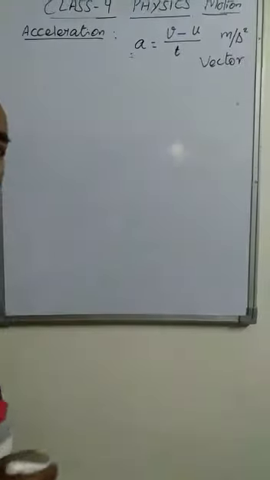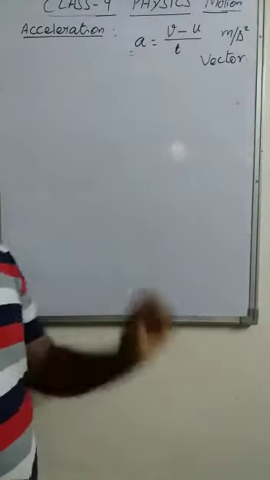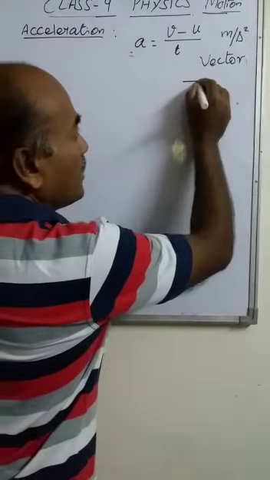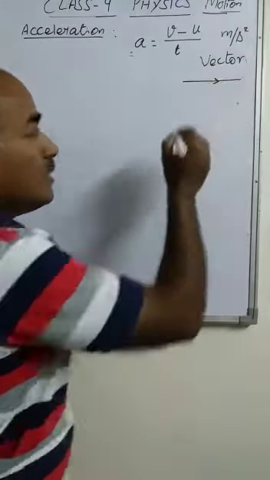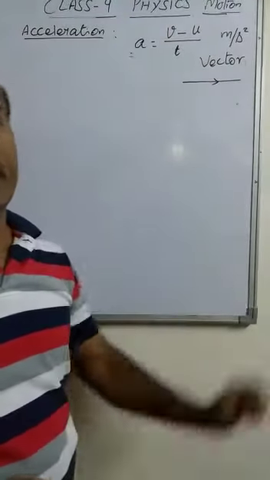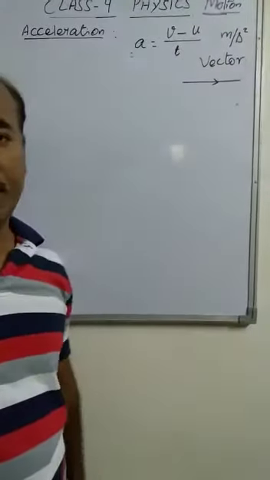The direction of acceleration is along the direction of change in velocity. If an object is traveling along a straight line, the acceleration is also along the straight line, because the change in velocity takes place along the straight line only.